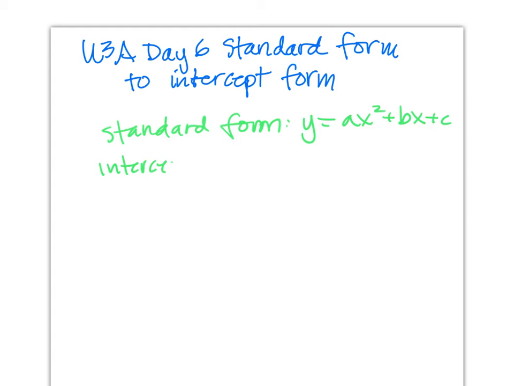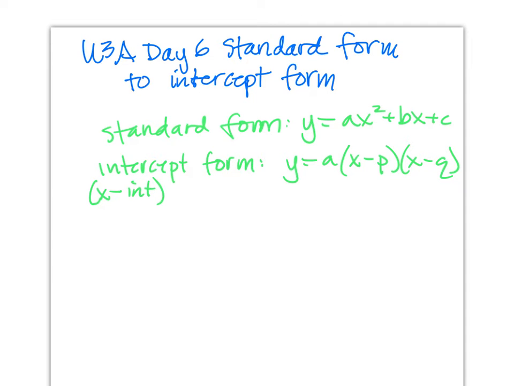Intercept form, and when we say intercept, we are talking about x-intercepts, would be y equals a times (x minus p) times (x minus q). So, if I'm going from standard form to intercept form, if you notice, those are factors.